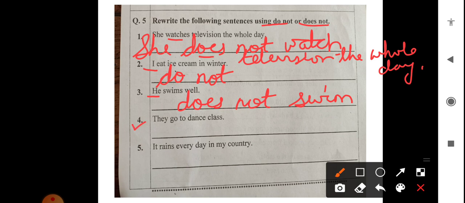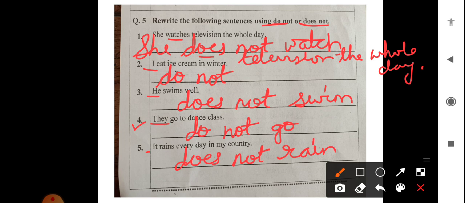Next, they go to dance class. They, plural. So they do not go to dance class. It rains every day in my country. Again, it is singular. So it does not, rains will become rain. It does not rain every day in my country.